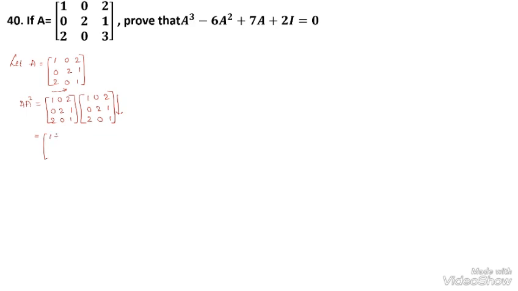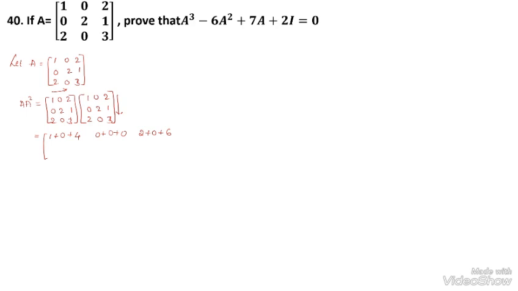And 0 into 0, that is 0, 2 into 2, 4. That is the first row by first column. 1 into 0, 0. Again 0, 0. Now 1 into 2, 2, plus 0. And here 1 into 2, 2, 0 into 1, 0, 2 into 3 becomes 6. We have to remember all the numbers carefully.